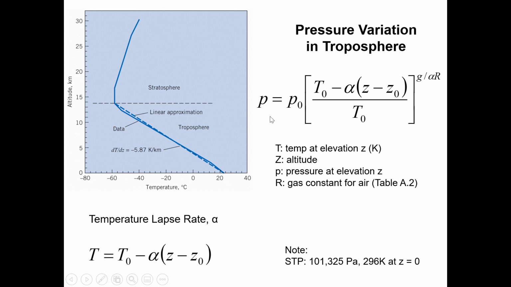So this larger equation on the right-hand side is just telling us the pressure at some altitude, the pressure at elevation Z. The elevation goes into the temperature formula for the numerator, the temperature up above, and then the exponent takes into account the gravitational acceleration constant, the lapse rate alpha, and the gas law constant for air that you can get from table A2.